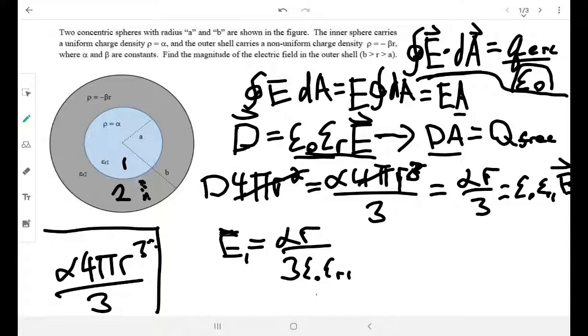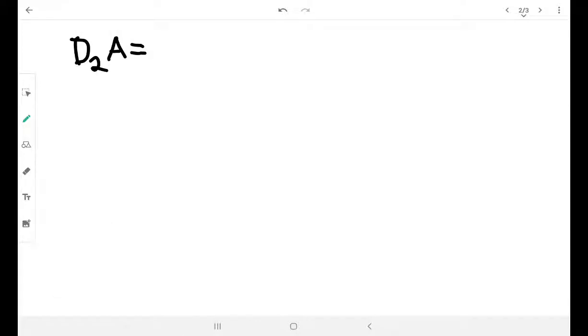But we have to incorporate this part of our equation, and so this part is represented by the Q free that we found here all the way out to radius A. So instead of having r cubed for this, we're going to plug in our A cubed. And so this is the Q free for the second region.